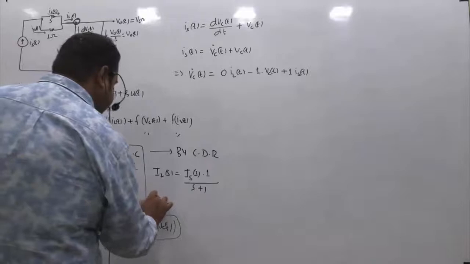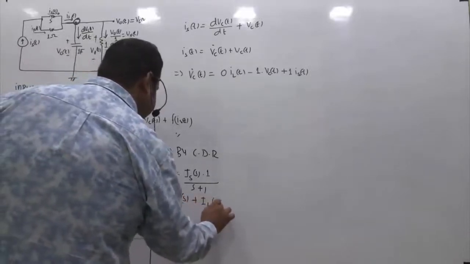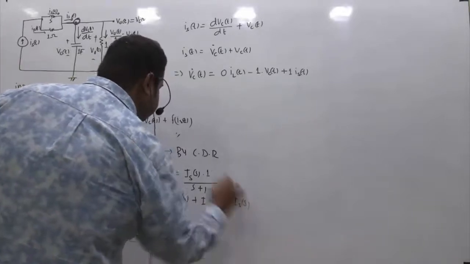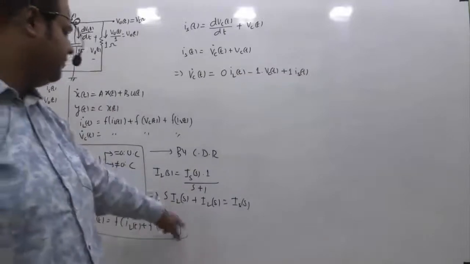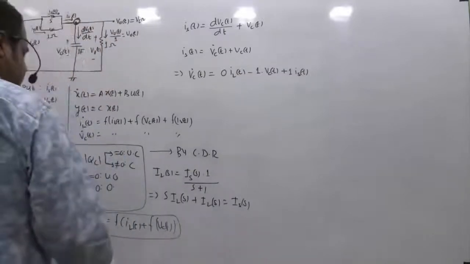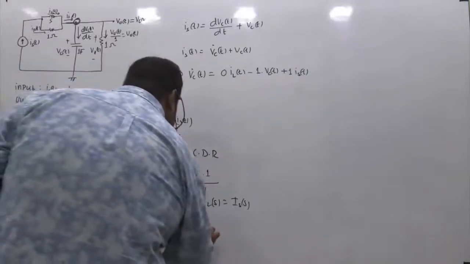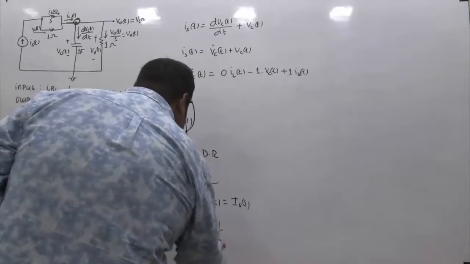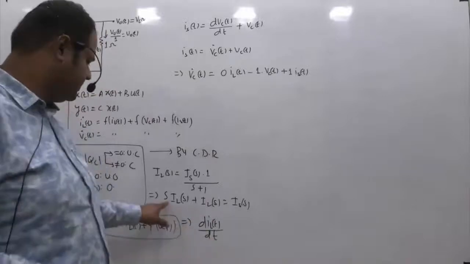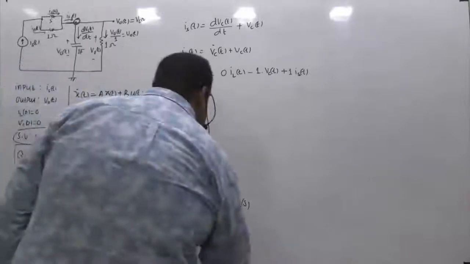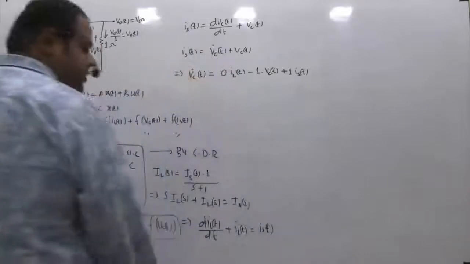Now if we simplify this, S into IL of S plus IL of S equals Is of S, right? If I ask you to take the corresponding inverse Laplace, you will get dIL/dt. In other words, the Laplace transform of this function is S into IL of S. So with inverse Laplace we get IL dot t plus IL of t equals Is of t.